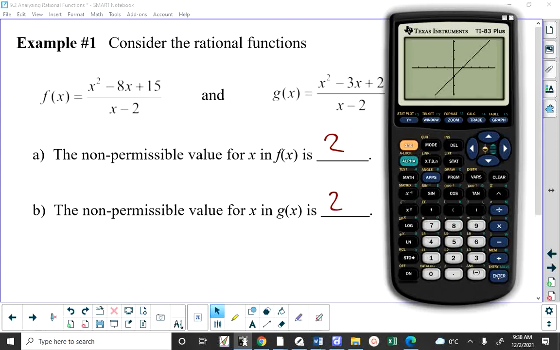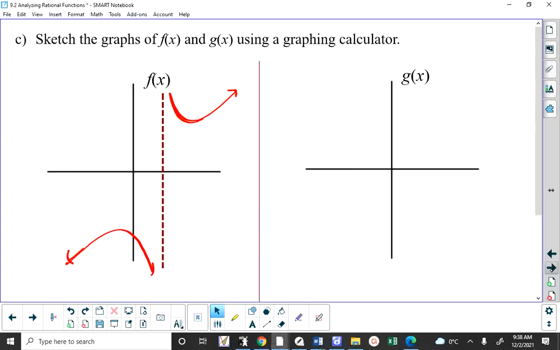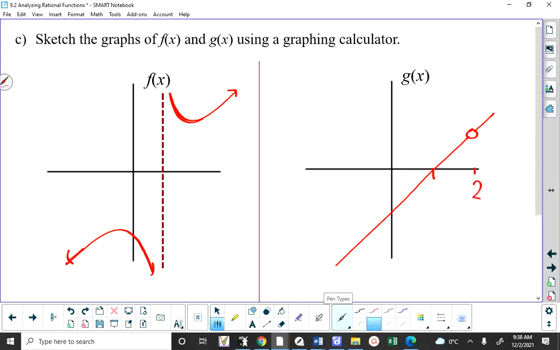So when we draw this, we draw it this way. And I suppose we could put arrows on the ends of this.